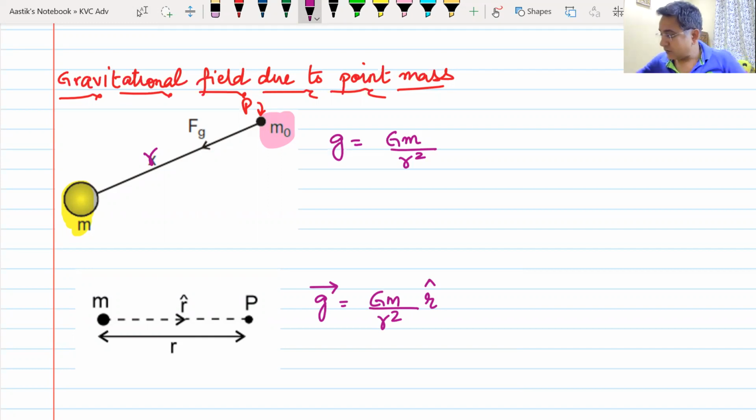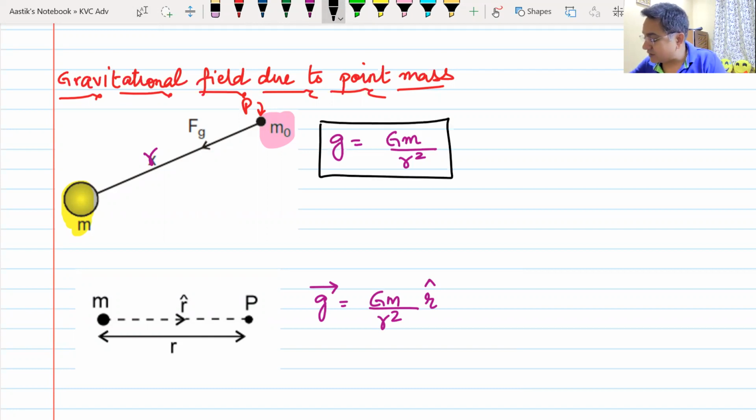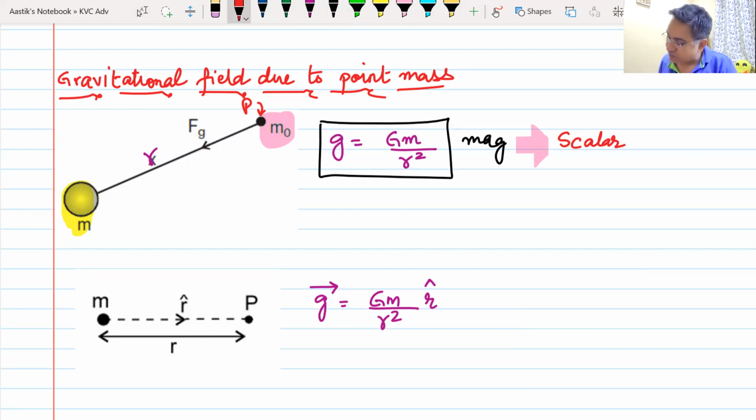Now, this equation only gives you the magnitude of gravitational field, so I may call it the scalar equation. I will only get the magnitude of this field.